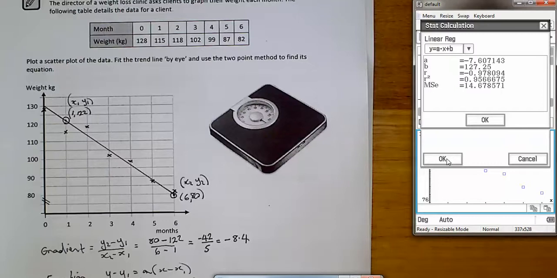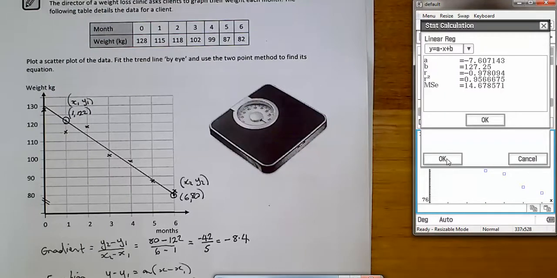Probably not as neat as it could be, but it tells you that the graph at the top there is y equals ax plus b. That means it's a straight line relationship, and it tells you the values of a and b.